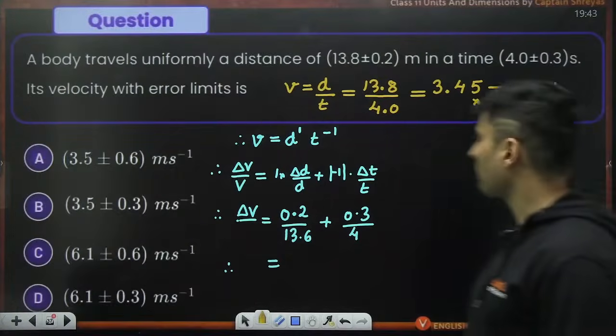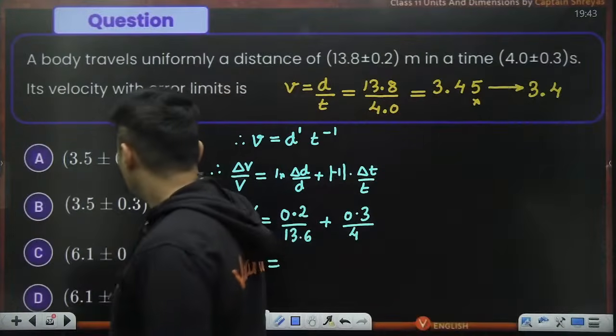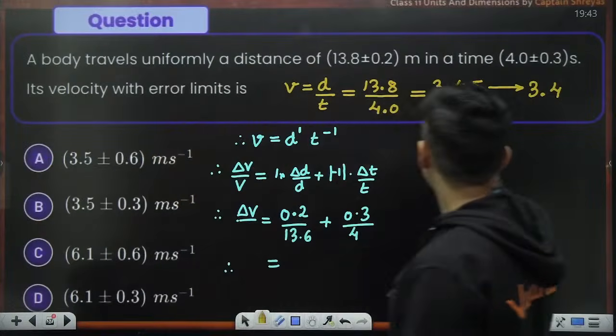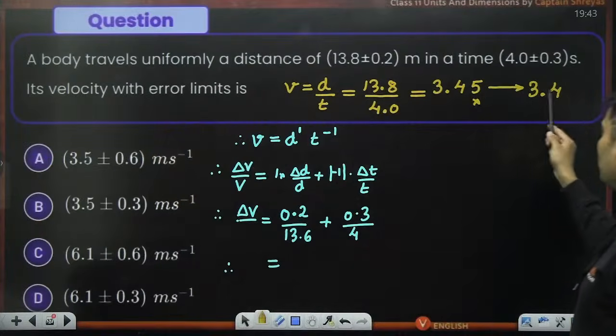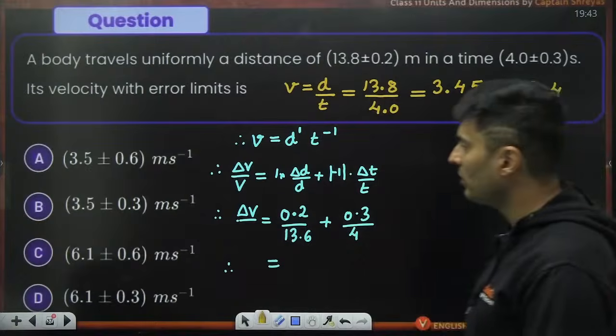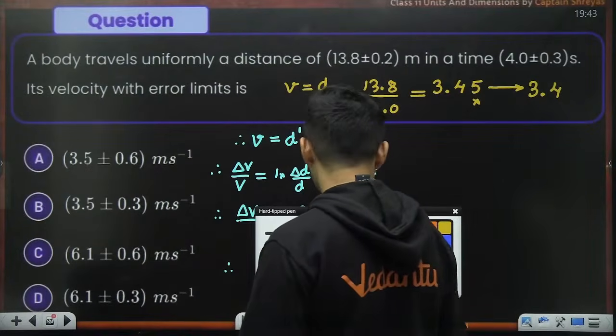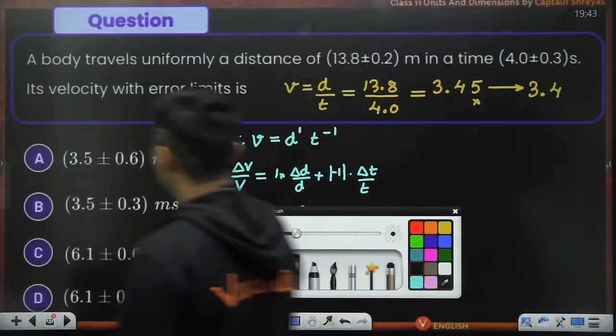This should be 3.4. Just check this out. Yeah, I think the answer given over here is slightly wrong. It cannot be 3.5, because if it is 3.45, the rounding off should be 3.4. I think the options given over here are slightly wrong. Okay, I'll correct it right away.